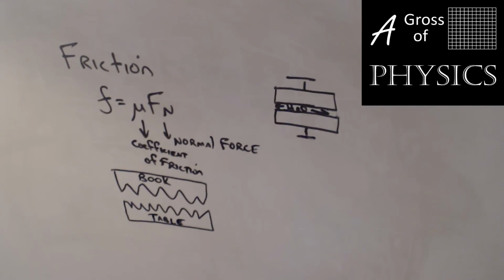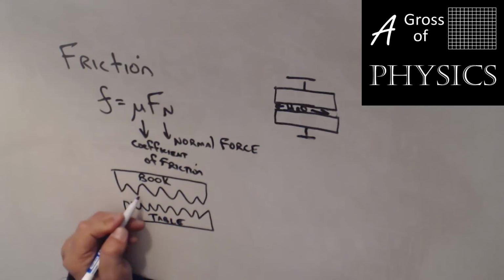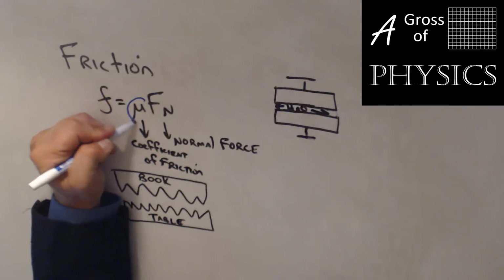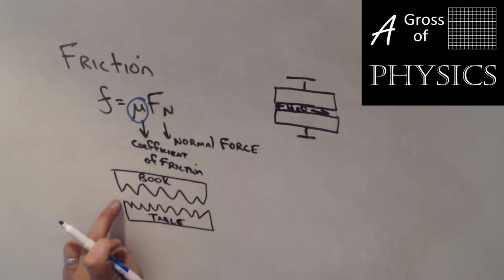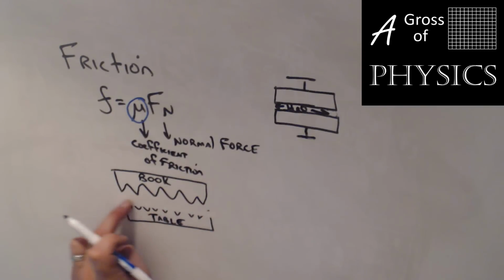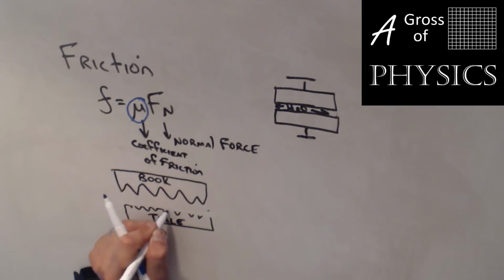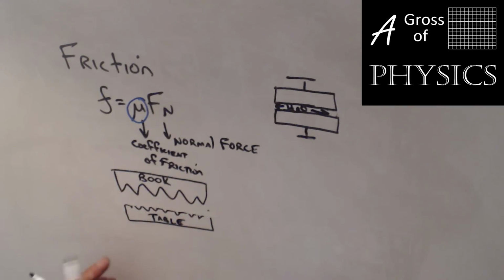And this obviously is dramatized, but it shows that as they're going to move against one another, they're going to rub and hit the different teeth in this diagram. Now, one way to limit and change the coefficient of friction would be to sand the table. Maybe I sand it down, and now we have much smaller teeth, and there's fewer spots to get stuck.